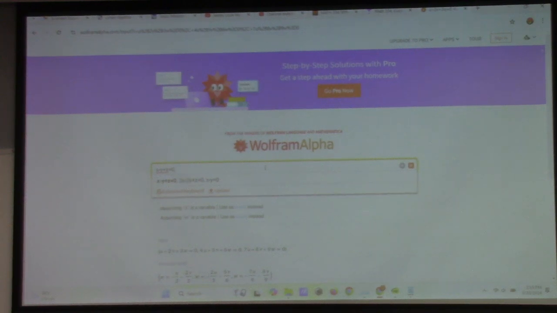And then what's the next one? 2x plus 7y equal to what? 10. And what's the next one? 7y plus 9z equal to what? 30.